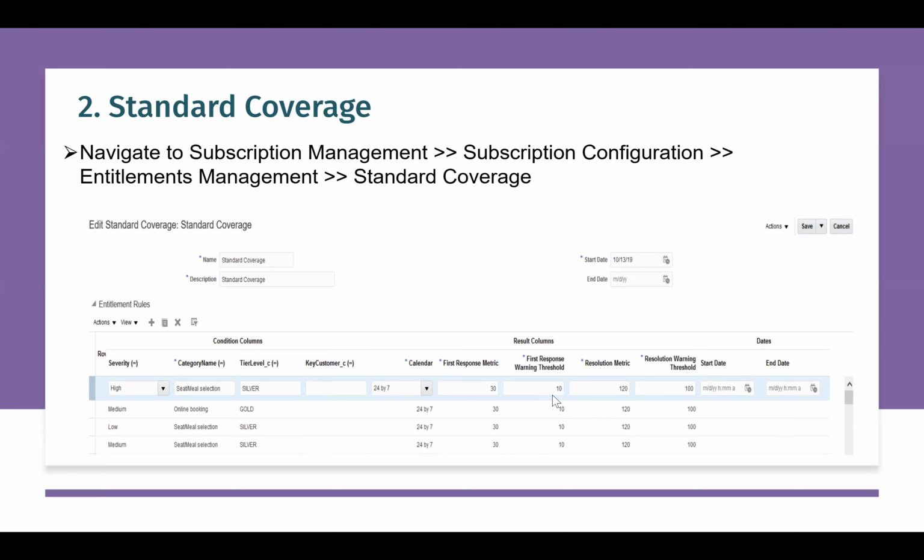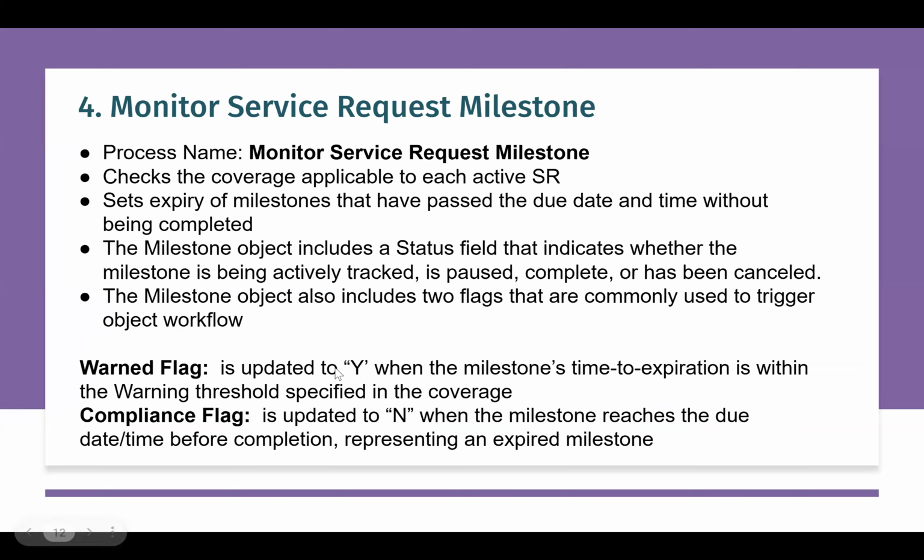So this means within 10 minutes before that milestone expiry, if we run this process, this warning flag will get updated to Y, so that based on this flag we can run a workflow and send a reminder. Something like, this service request is reaching near to expiry, so please take an action. We can send a reminder to the agent to complete this SR.